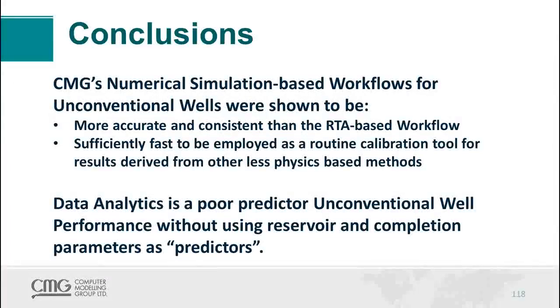I'm not naive enough to think that you're going to just drop the use of RTA and decline curve analysis, but I do think you should once in a while do a calibration check, and I think it's fairly easy to do that.